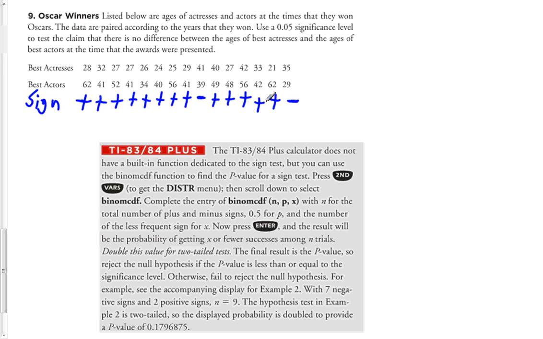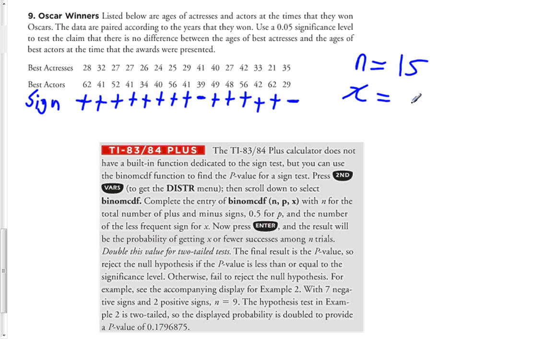All right, so now we can identify all of our different values that we need. One value is n. n is the total number of signs, and I have here 1, 2, 3, 4, 5, 6, 7, 8, 9, 10, 11, 12, 13, 14, 15 different years. So n is equal to 15, and x, remember, was the frequency of the least frequent sign, and the least frequent sign here is definitely negative.